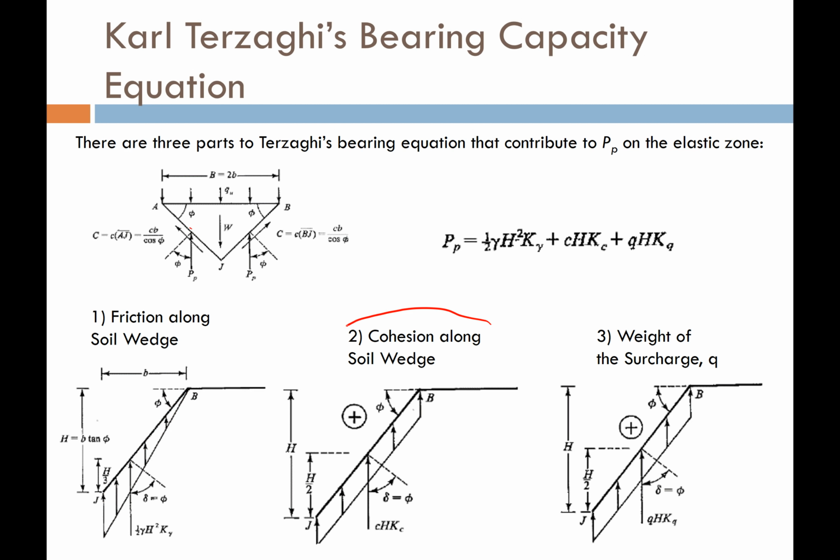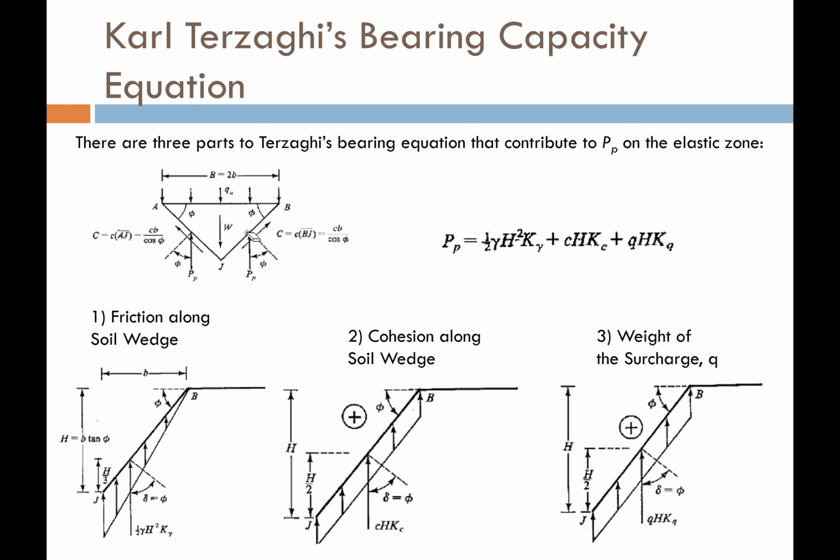Okay, the second component of bearing capacity could be cohesion in the soil along that elastic zone. So again, we know that along the sides of this elastic zone, as it's being pushed down into the soil, there's going to be cohesion along those sides.